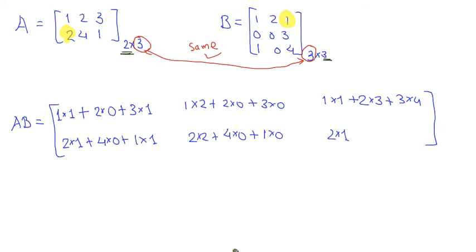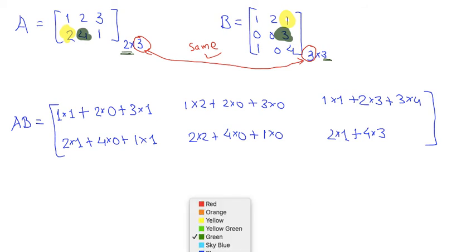And then plus 4 into 3. So here we go. This is 4 into 3. And then plus 1 into 4.